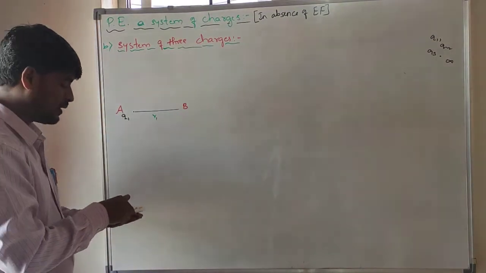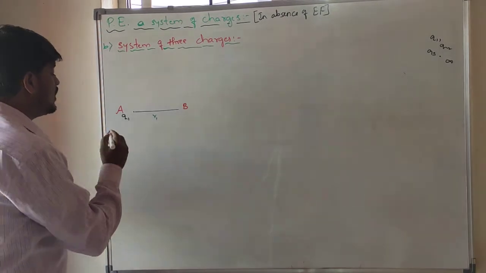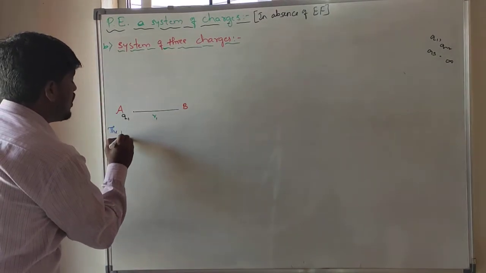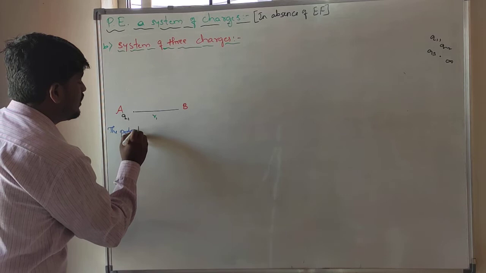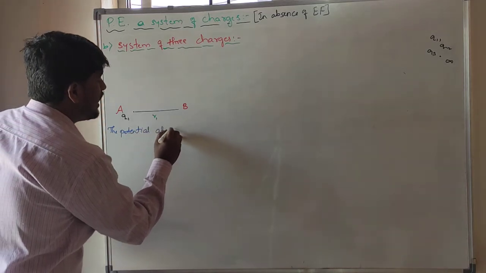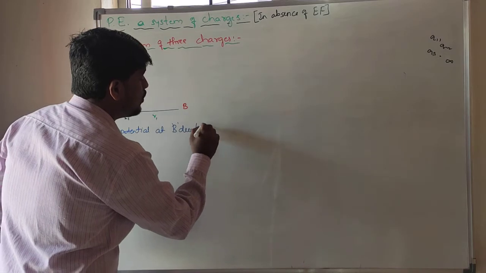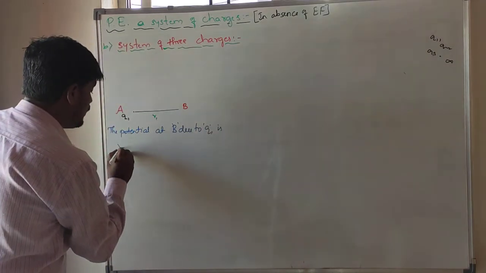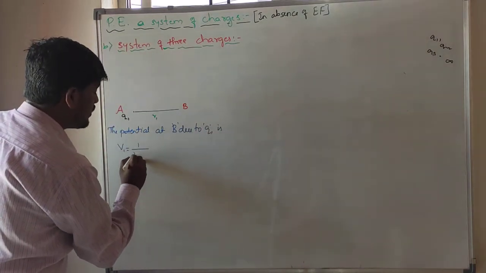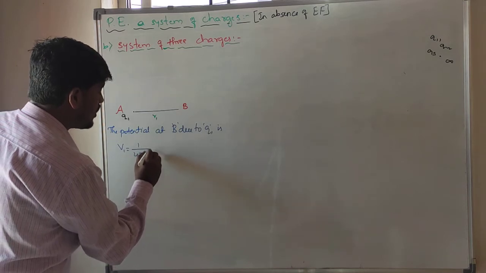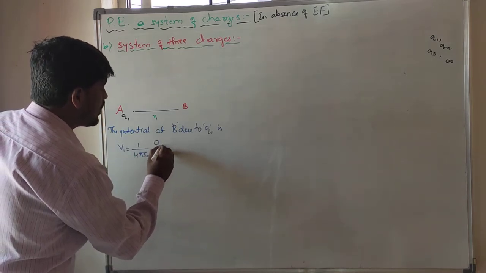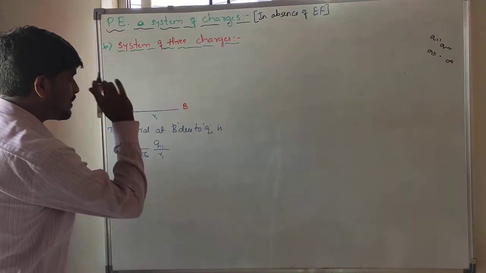Same concept as earlier. So the potential at the point B due to q1 is V1 equal to 1 by 4 pi epsilon naught into q1 by R1.